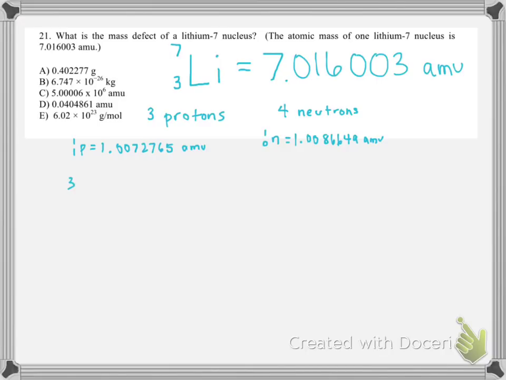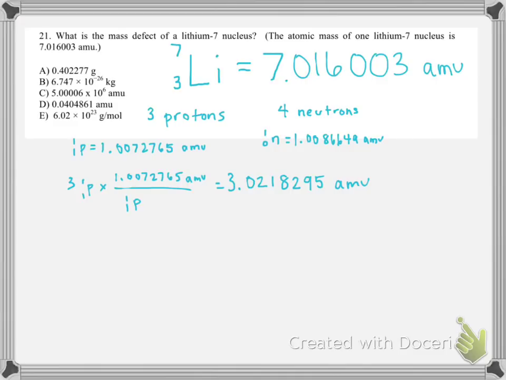So we're going to have 3 protons, and in every 1 proton we're going to have 1.007275 AMU for a total of 3.0218295 AMU.